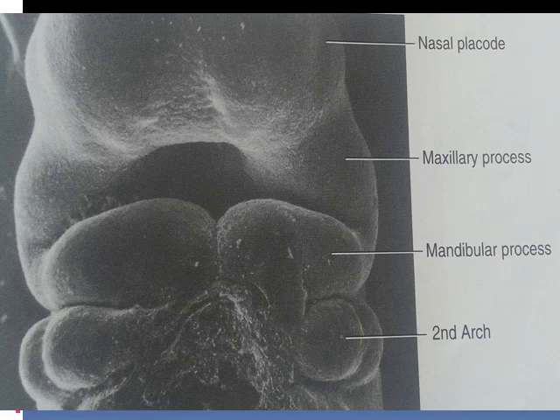So these two are the parts of the first pharyngeal arch. Now below the mandibular process you can identify the second pharyngeal arch, and separating the mandibular process and the second pharyngeal arch you can see a groove. So that represents the first pharyngeal cleft, which we have already discussed.